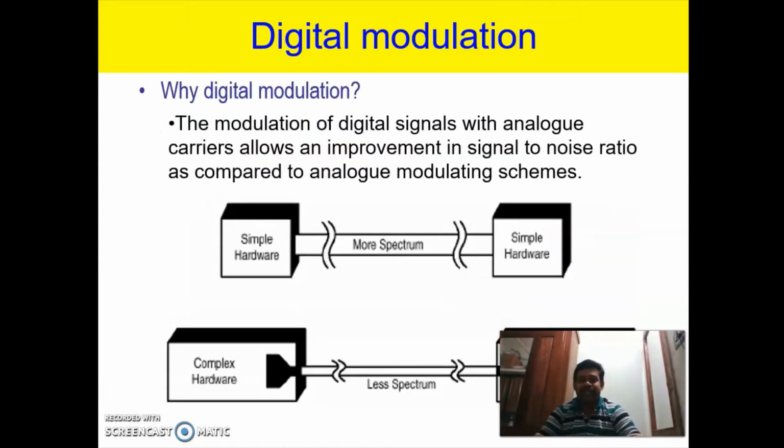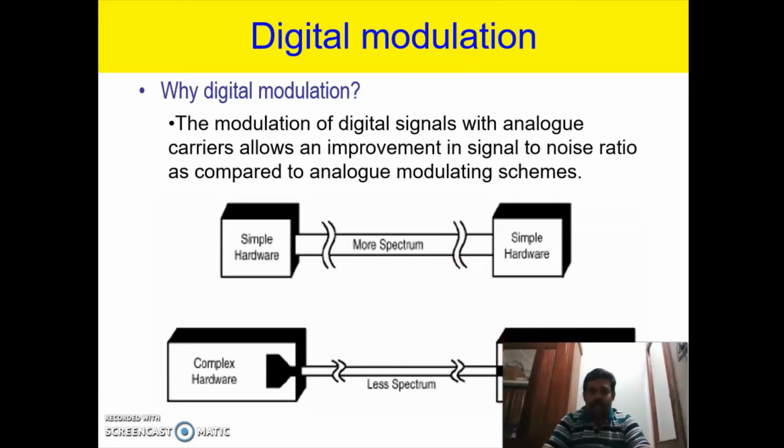Now, what is the need of digital modulation? The modulation of digital signal with analog carriers allows an improvement in signal to noise ratio.